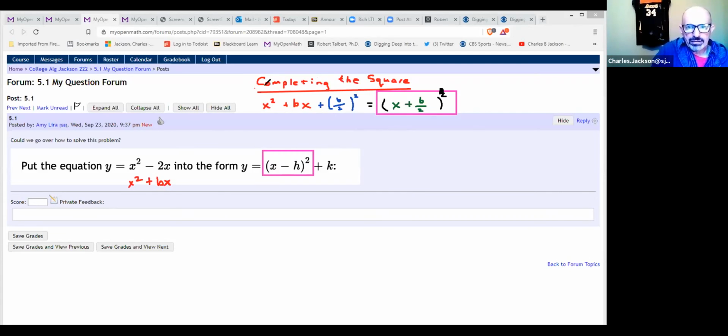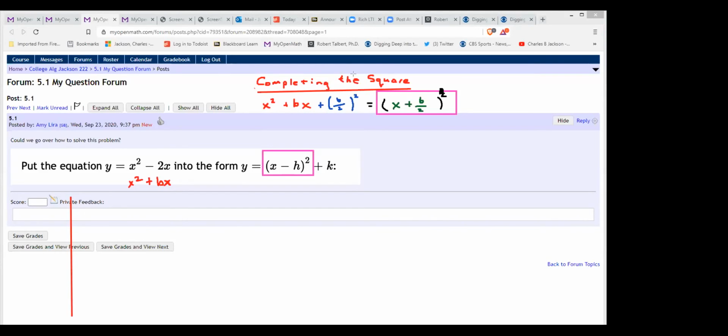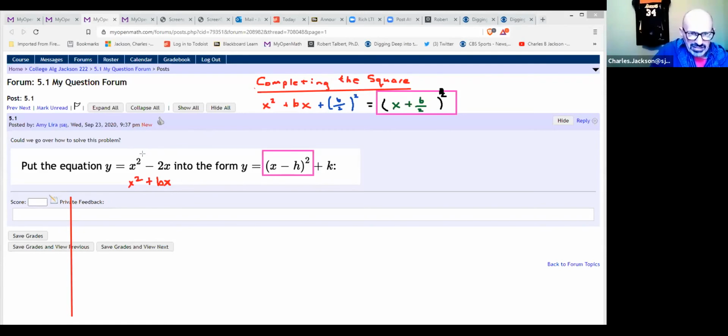Where the b, what is the b? Two. Well, the b is actually negative 2, right?